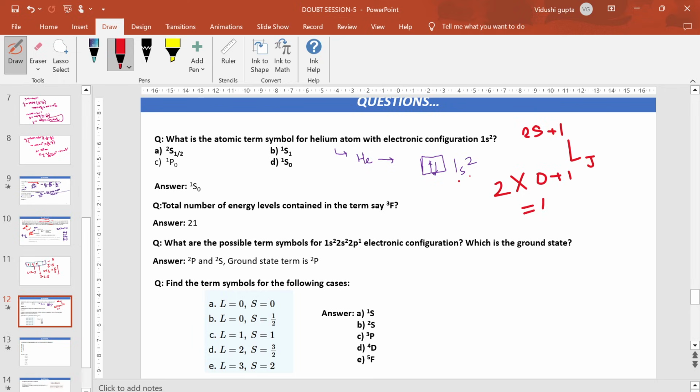And as it is S, we know L is 0. So now we know it is 1S. Now what about J?